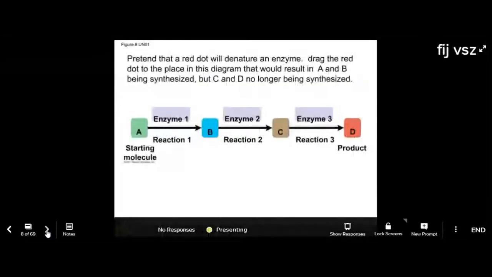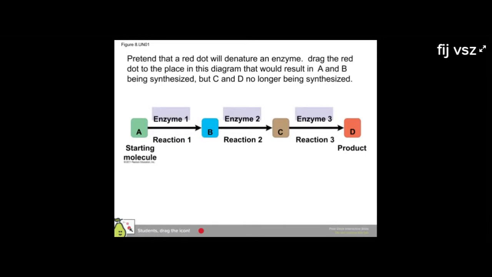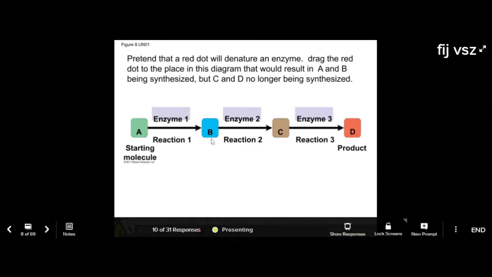Now, using that, pretend that a red dot will denature an enzyme, and drag the dot to the place in this diagram that would result in A and B being just fine, but C and D not being created. So where would your dot need to go? Just one enzyme denatured that would cause that.